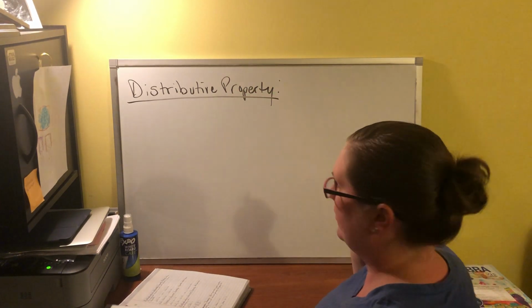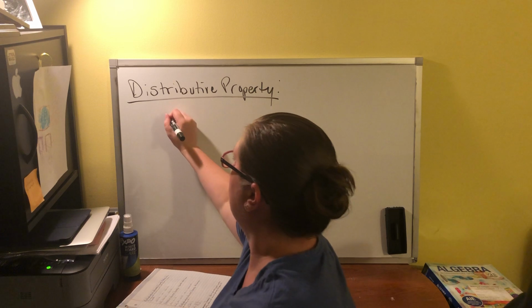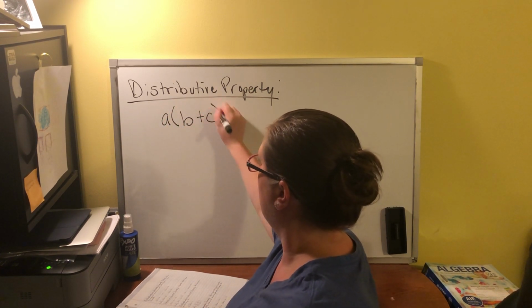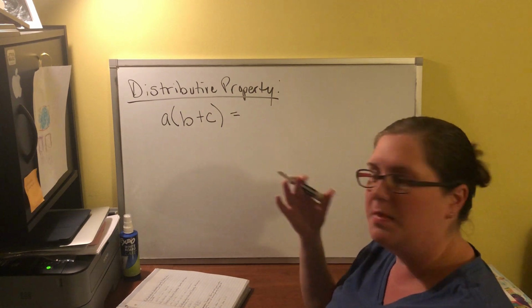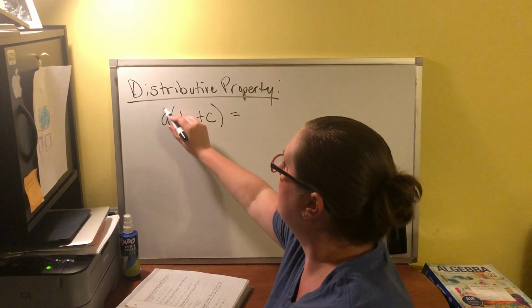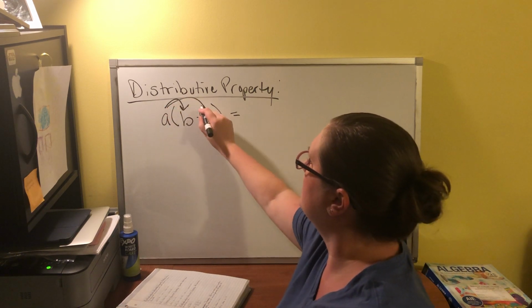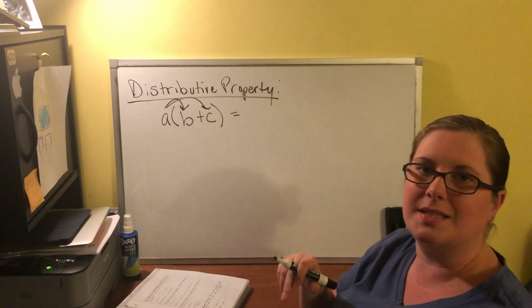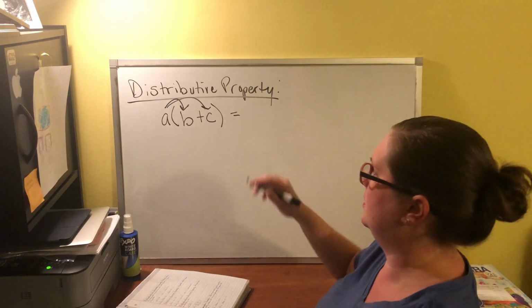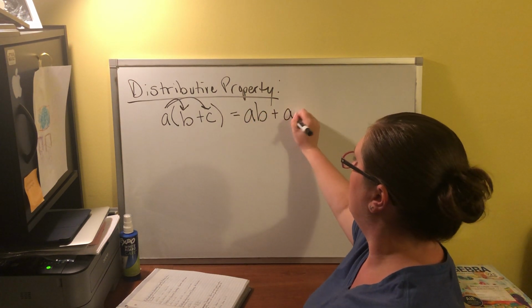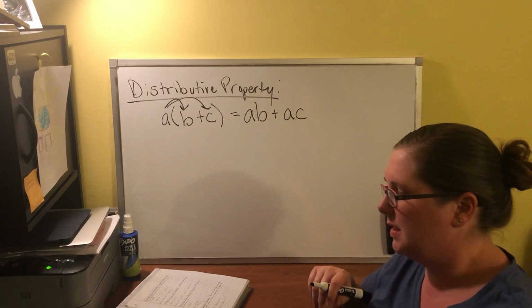So for example, if you were given A times the quantity of B plus C, what it means by distribute is you are going to be multiplying what is in front of the parentheses to everything inside the parentheses. So this means A times B plus A times C.